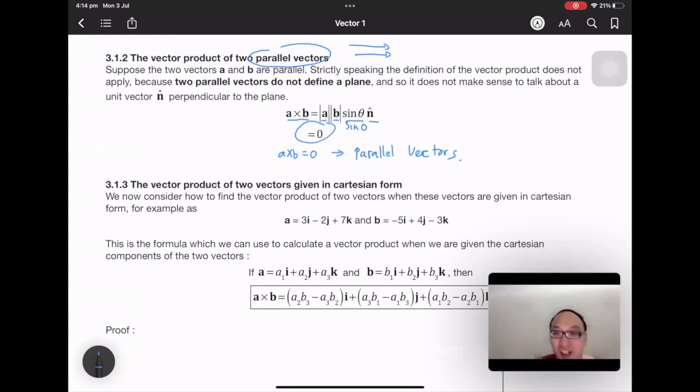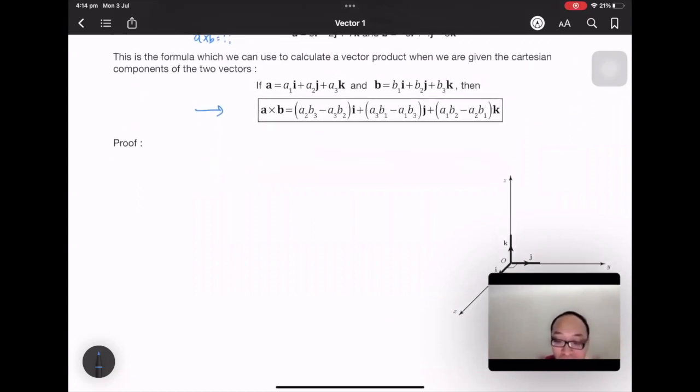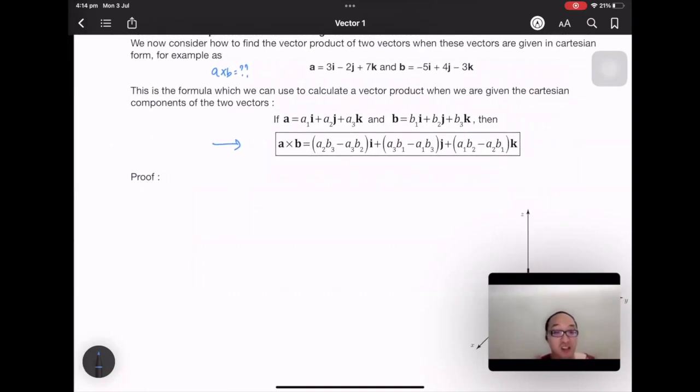Again, how do we find A cross B? The formula is this: (A2B3 minus A3B2) I plus (A3B1 minus A1B3) J plus (A1B2 minus A2B1) K. Okay, this is how you prove it.